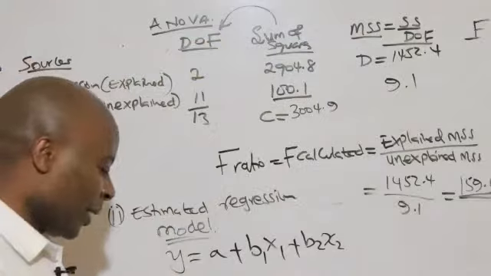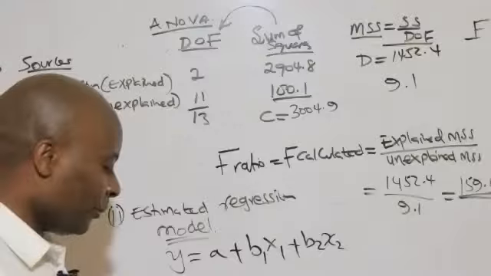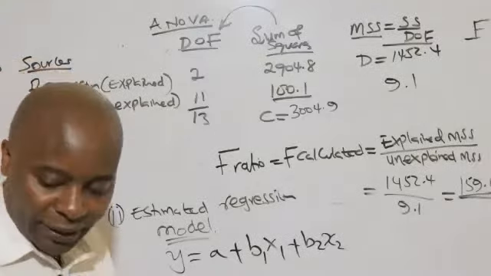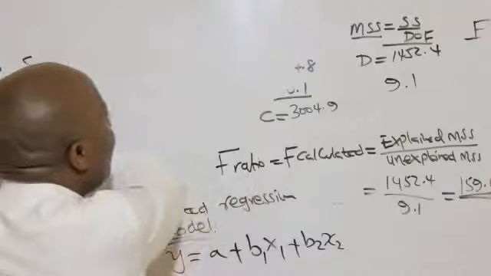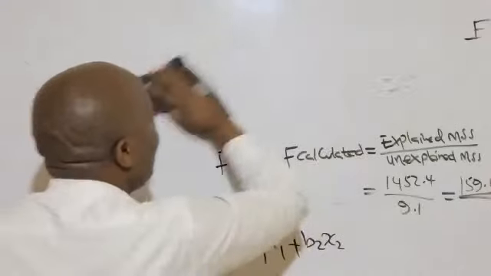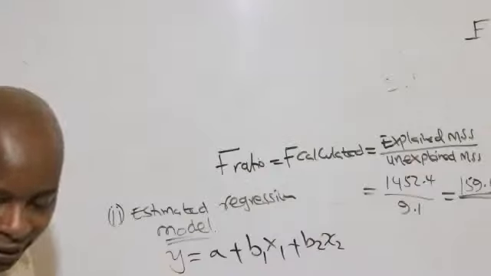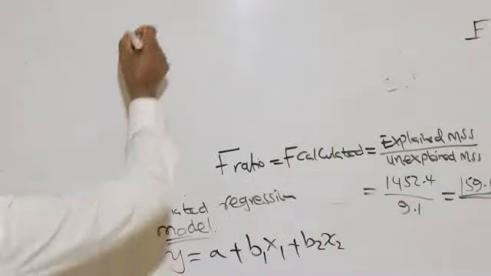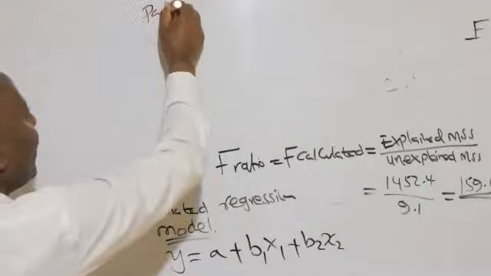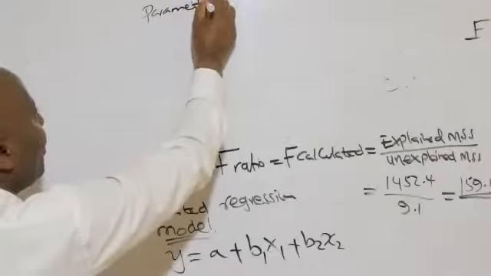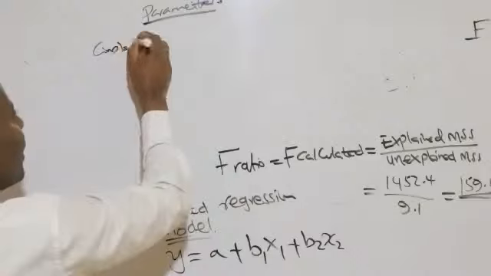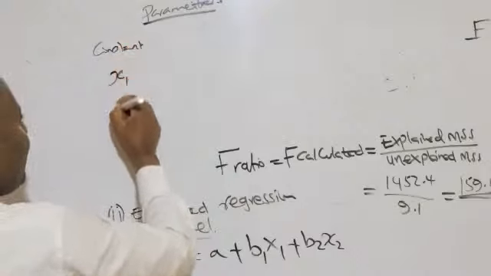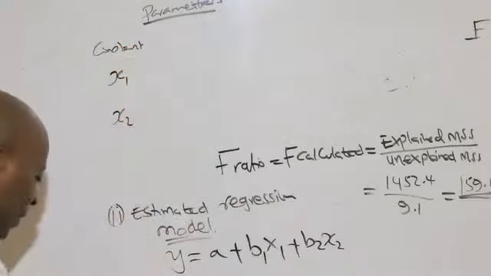Now, ladies and gentlemen, listen to me very well. The first table is the one that has the parameters. In the first table, we have the constant, the parameter for x1 and the parameter for x2.